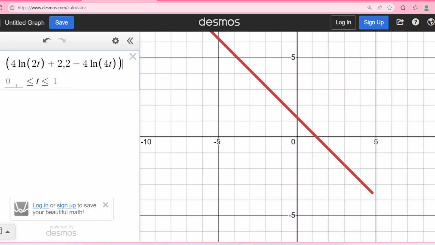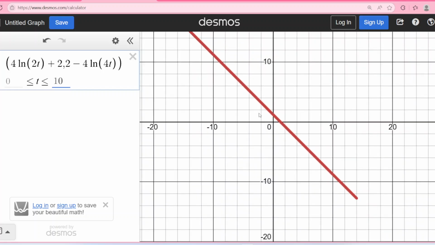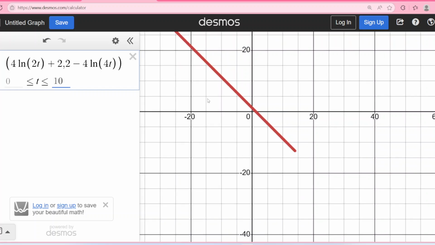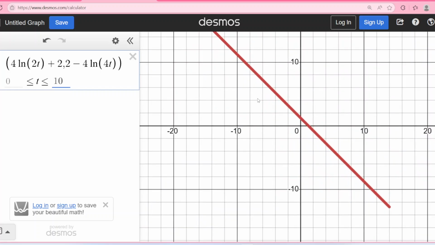Now, I told you t equals 0 is not any good, because you got logarithms here. So I'm not going to go lower than 0, but I will increase the value of t on the right side to say 10 or something. And hopefully you can see it's very clearly a line with a negative slope.